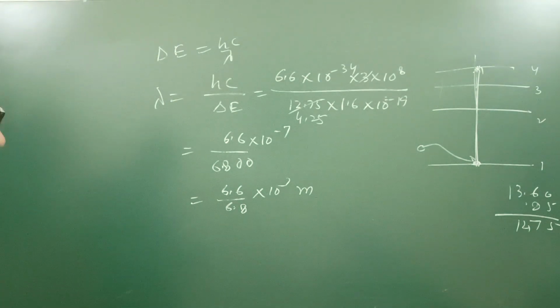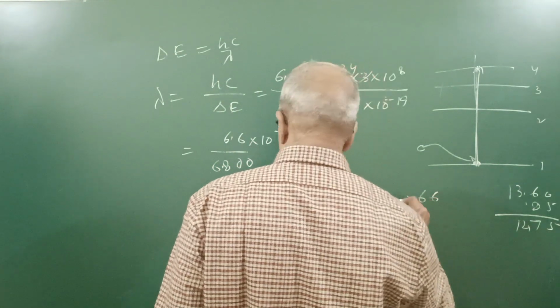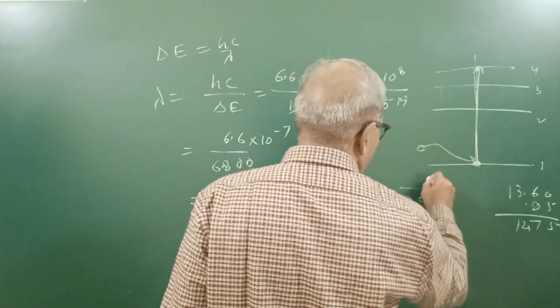You can divide it, 0.9 कुछ आएगा, 0.825 होगा, 66 divided by 68.0.